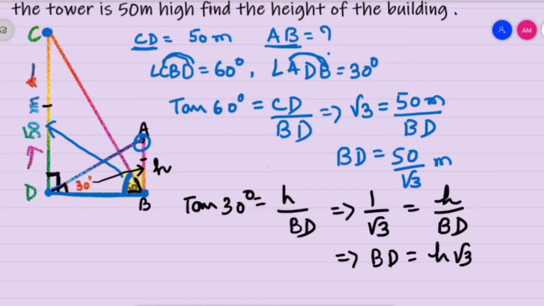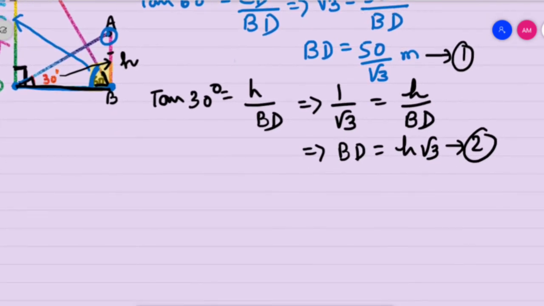Now see here, BD here is 50 by root 3 and BD here is H root 3. And for both the triangles, BD is the same. So what will you do? You will equate 1 and 2. When you equate 1 and 2, you will see that 50 by root 3 is equal to H root 3.